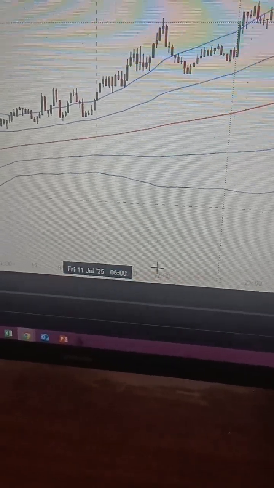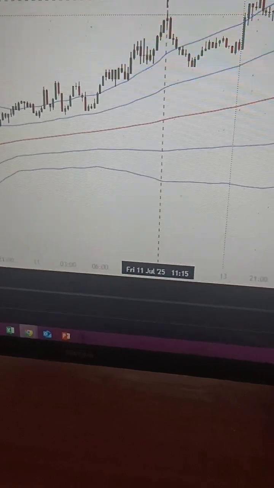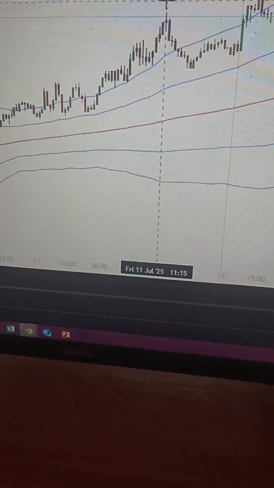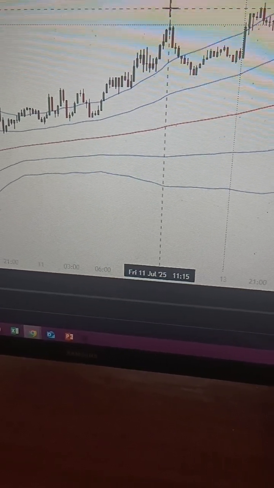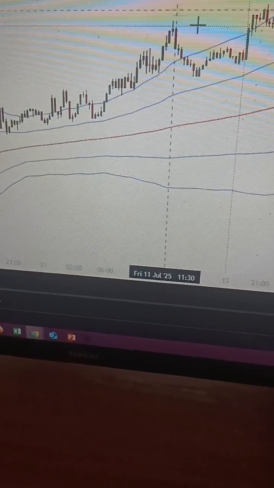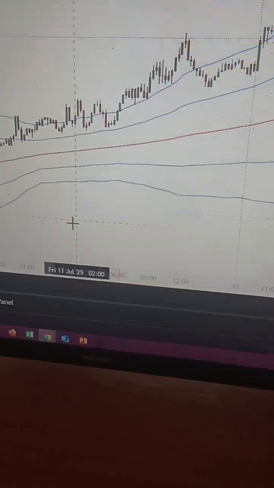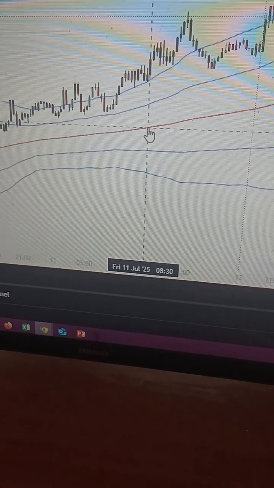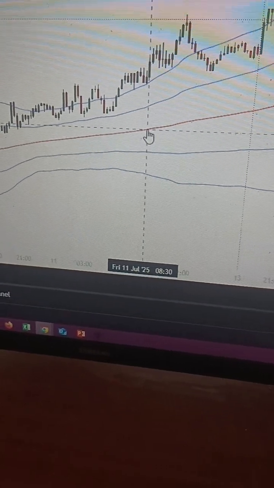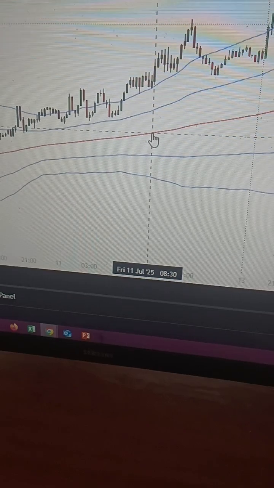So you stay out and wait for the market to give you a good sell or a good buy, because our direction is bullish. When the direction is bullish, just look for buys. When the direction is bearish, just look for sales.